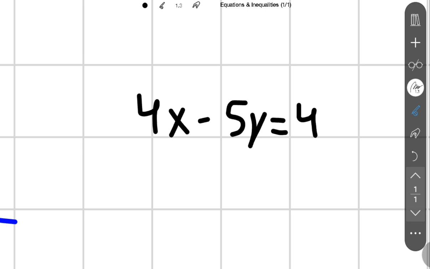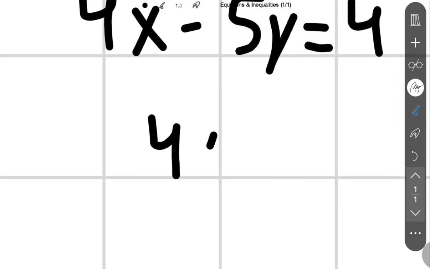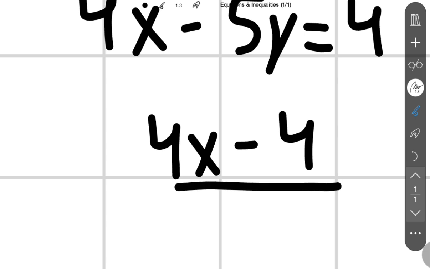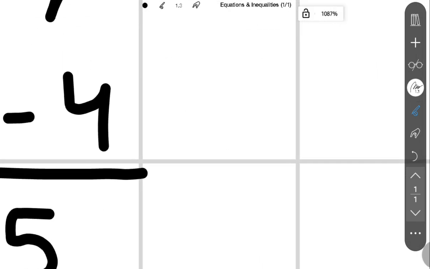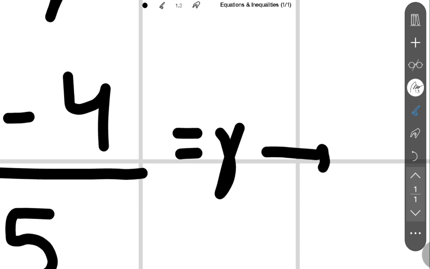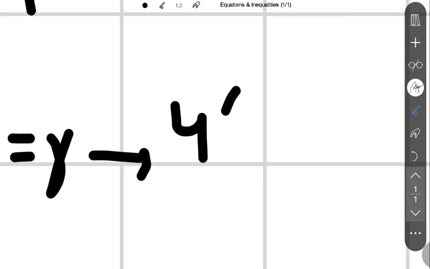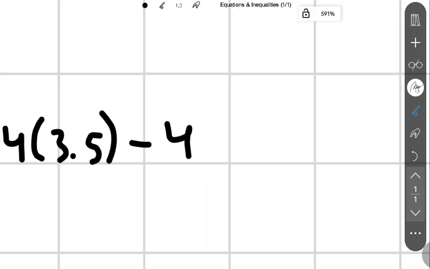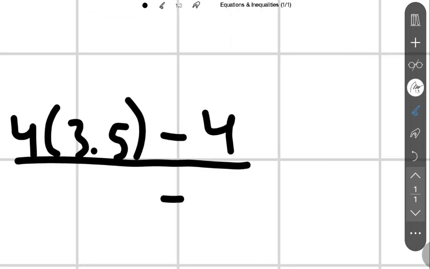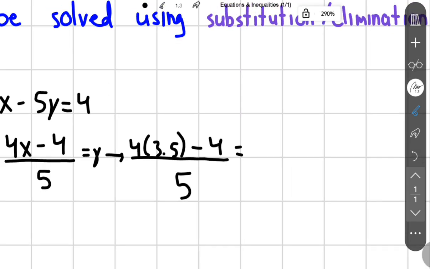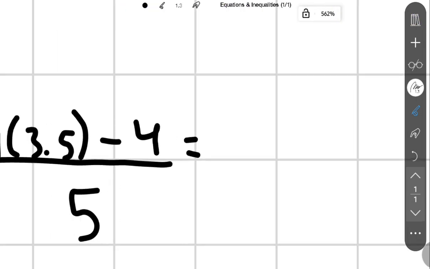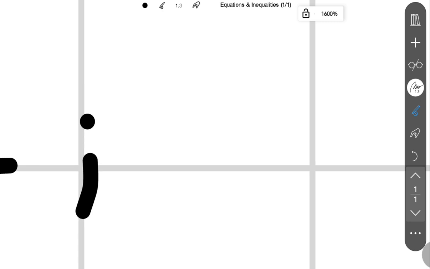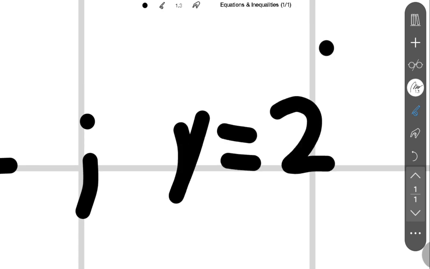So y will be 4x minus 4, all divided by 5, equals y, such that we have 4 times 3.5 minus 4, all over 5. And if we quickly work that out in the calculator, this whole thing will equal 2. So we have y equals 2.